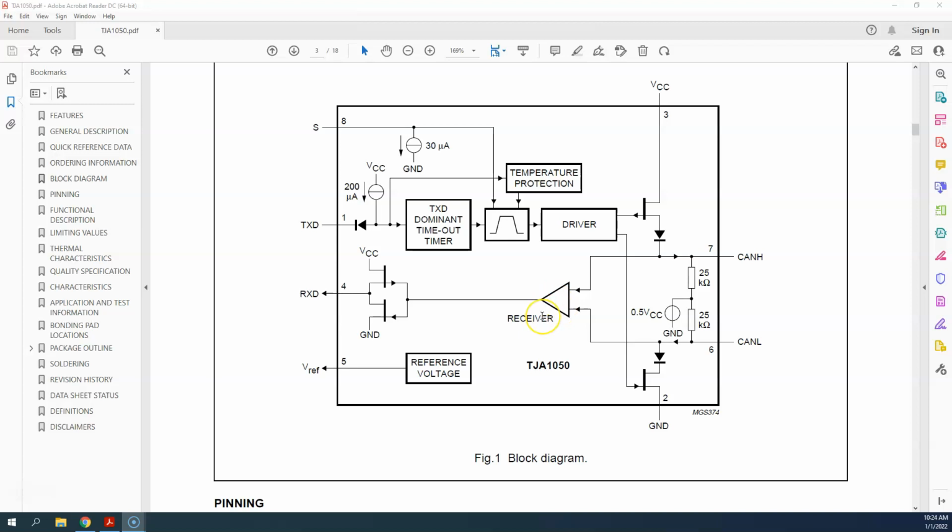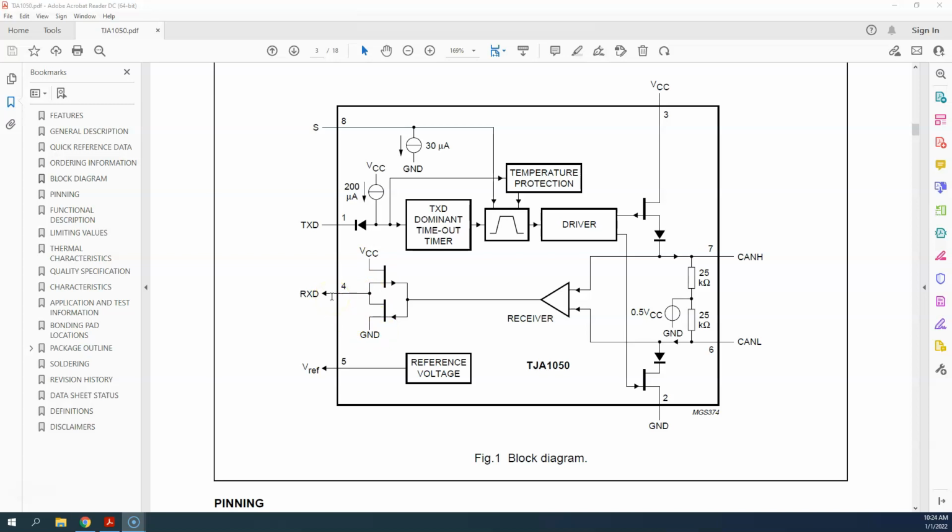Looking at this receiver symbol, as we indicate, this is something that can give us a difference in voltage. We could design this so that it would provide a difference in voltage between CAN high and CAN low. What we can do with that is cause this transistor, which would give us 5 volts, or this transistor, which would give us ground, which would be 0 volts at this pin.